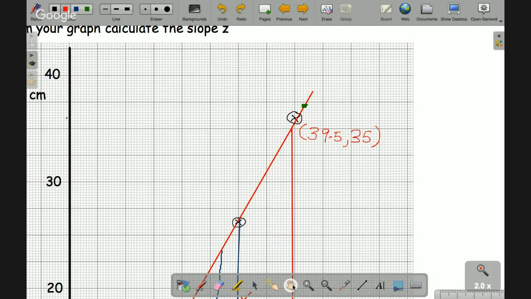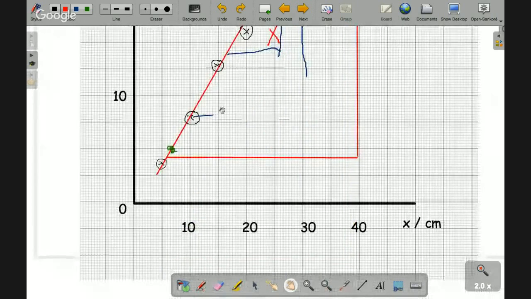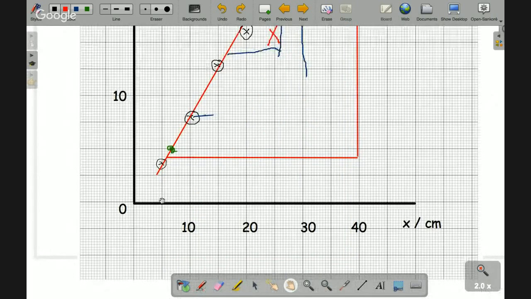I hope y'all are not getting tired. All right, we're moving along. We need to get the second point. So this is 5. That looks like, let's just say about 6 on the x-axis.